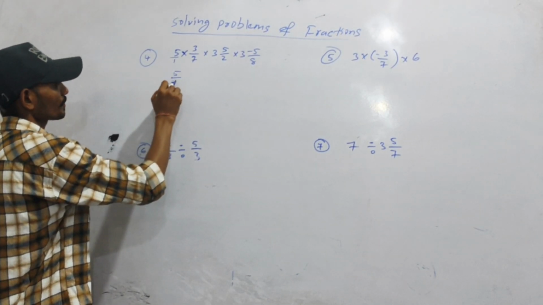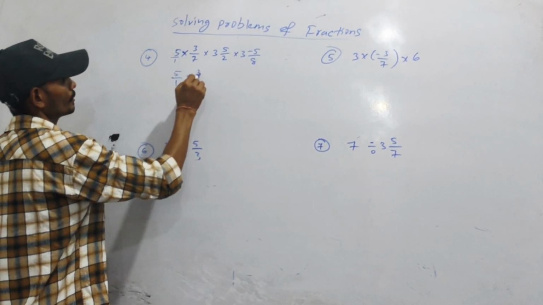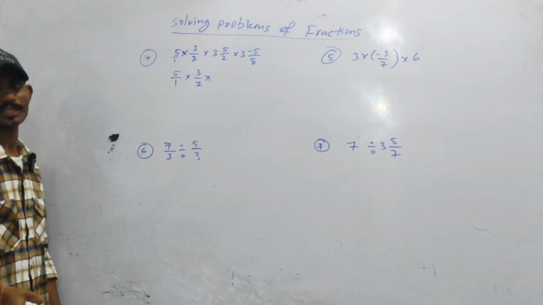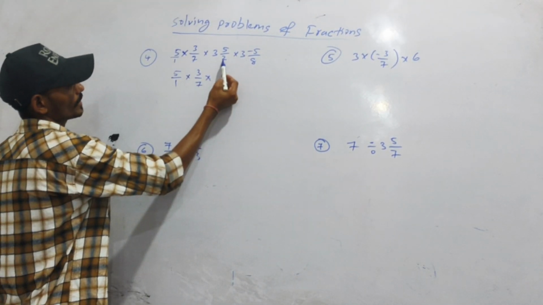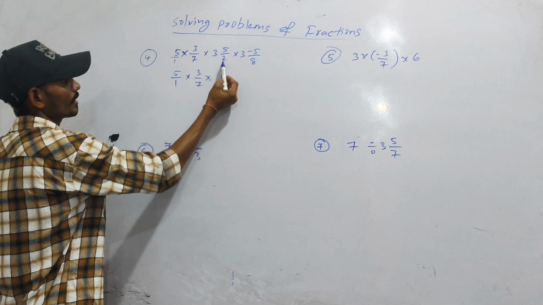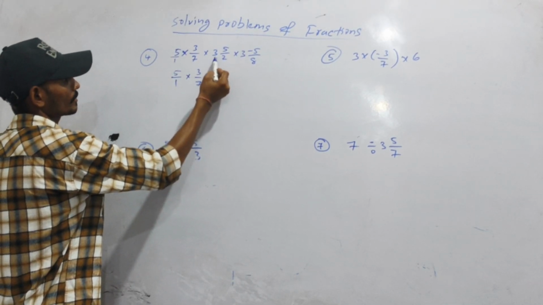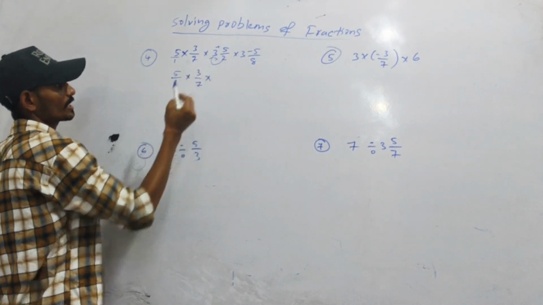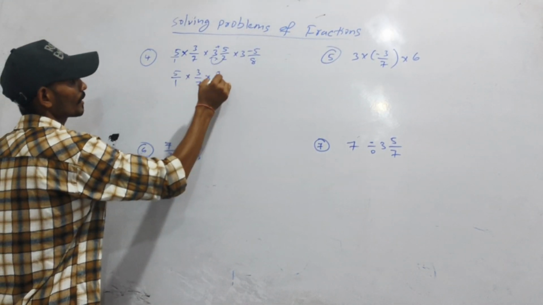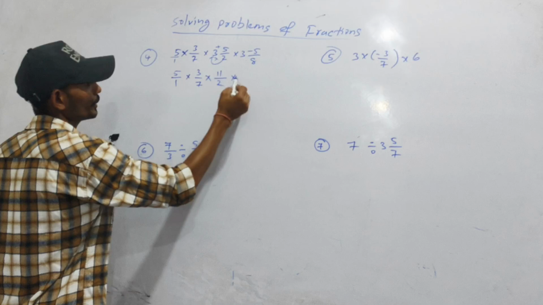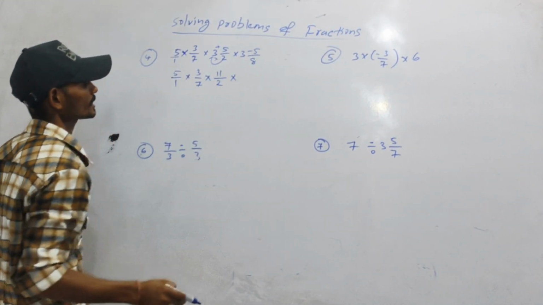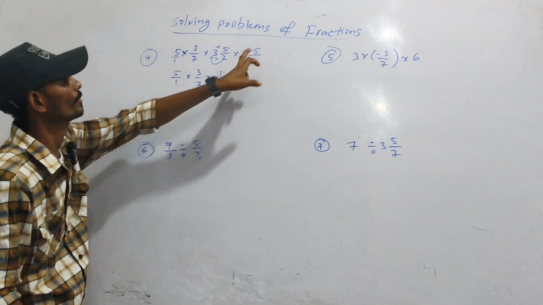After that you solve 5 by 1 into 3 by 7 into... how to convert a mixed fraction into an improper fraction? Denominator into the side number: these two numbers are multiplied, plus the above number. So 2 3s are 6, 6 plus 5 is 11 by 2, into 8 3s are 24, 24 plus 5.